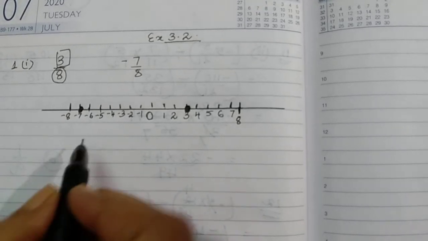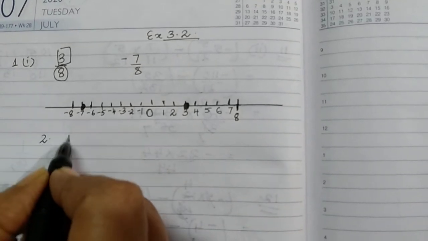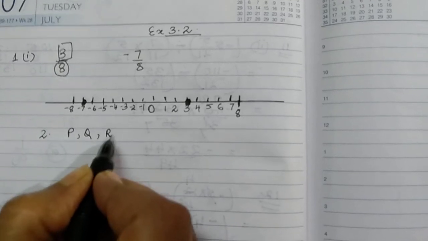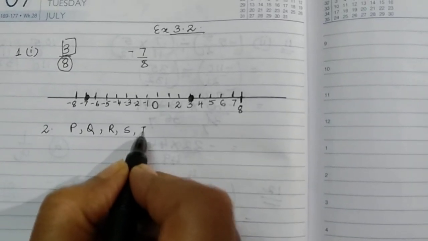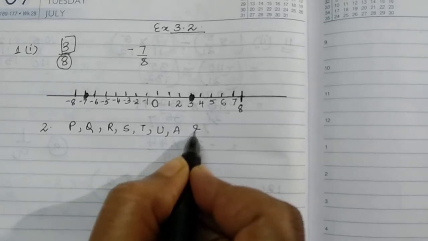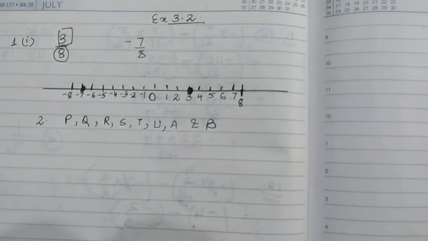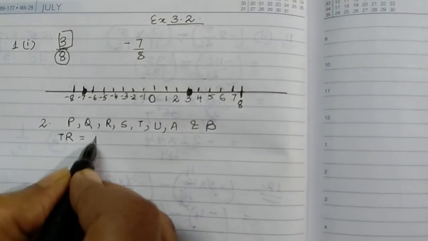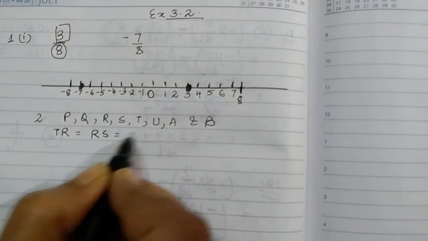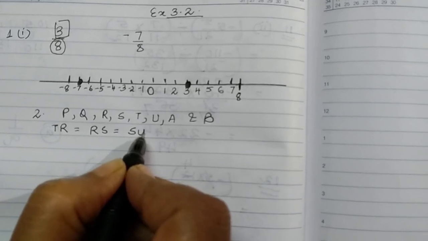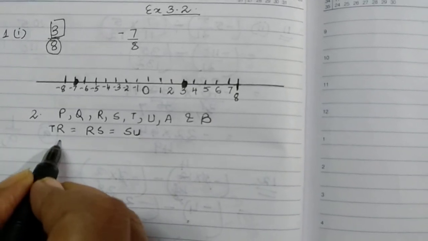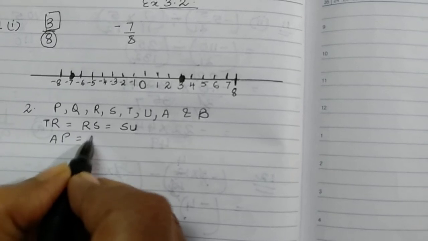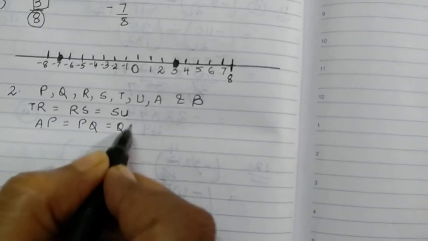The points P, Q, R, S, T, U, A and B on the number line are such that TR is equal to RS is equal to SU, and AP is equal to PQ is equal to QB. I'll just bring the book in front of you.